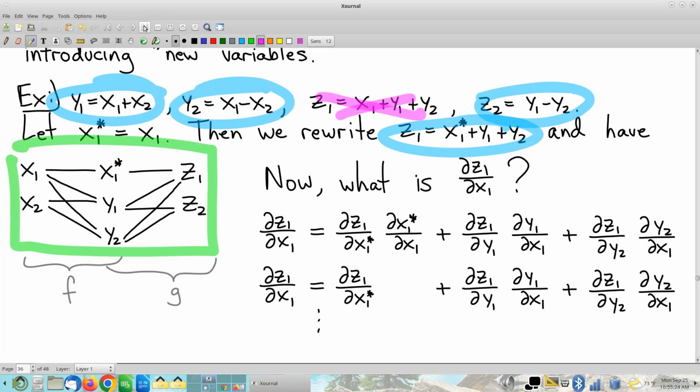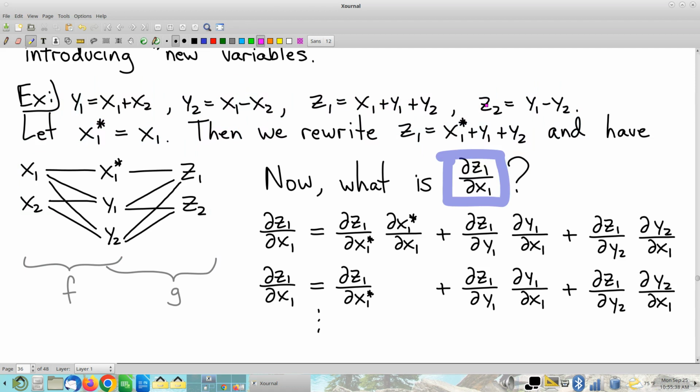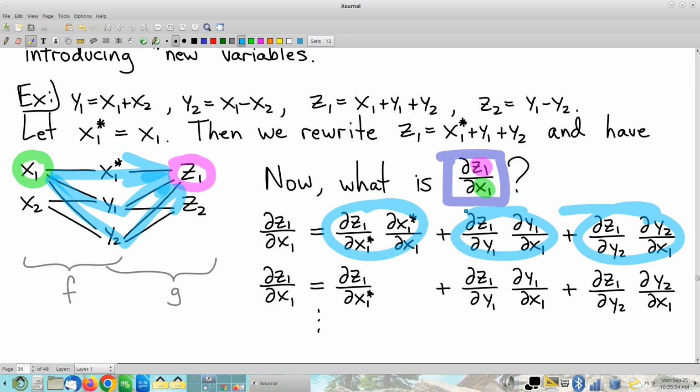And if somebody asks, for example, what is the partial of z1 with respect to x1? All right, well, let me clean up my mess here. Z1 is there. We want the partial with respect to x1, which is there. No sweat. I have 3 paths through 3 intermediate variables, thus giving me 3 terms, and proceed. Everything's fine.